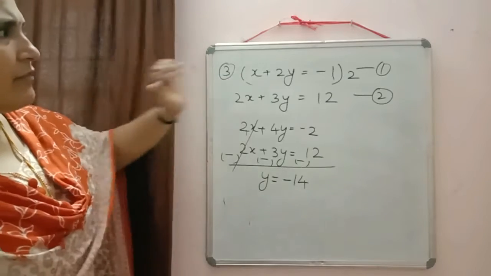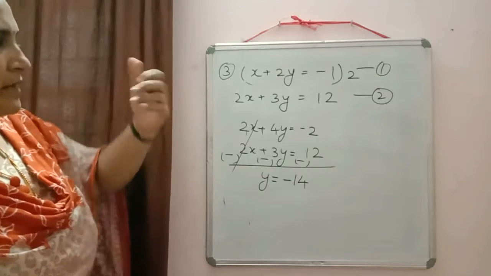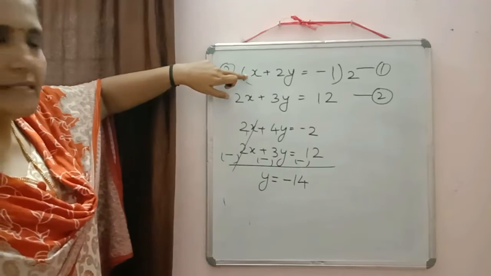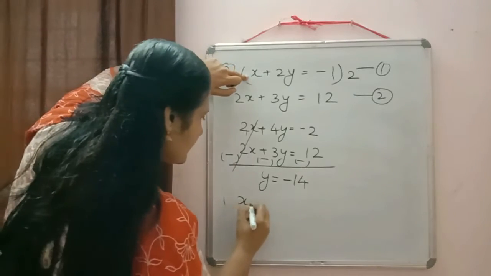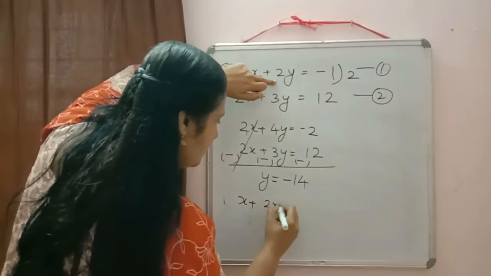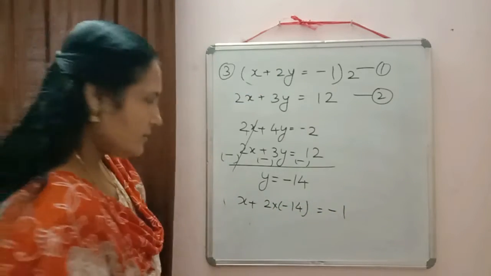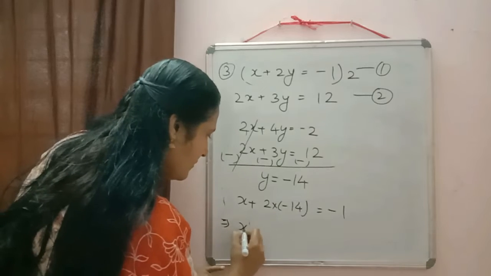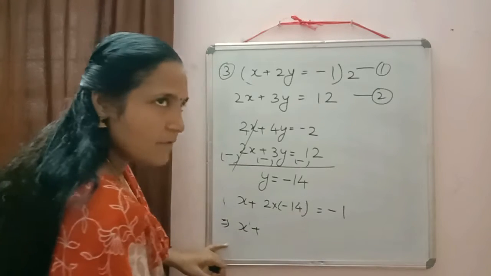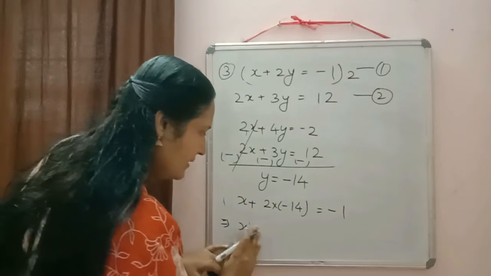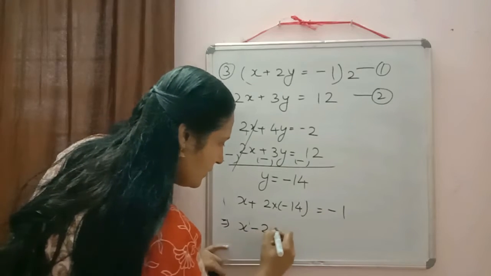Now in any one of the equation we can substitute. So suppose I am substituting in equation 1. So x plus 2 into minus 14 is equal to minus 1. Then it will be equal to x plus 2 into minus 14 minus 28, and plus into minus will be equal to minus.